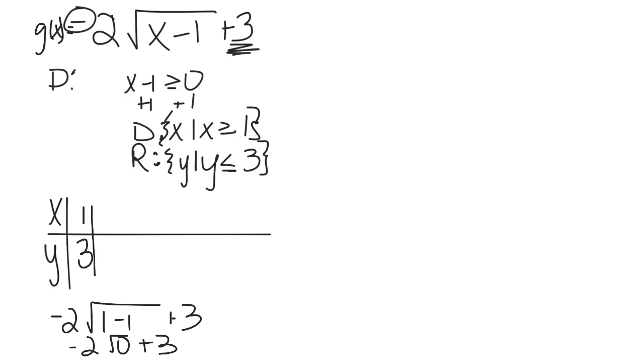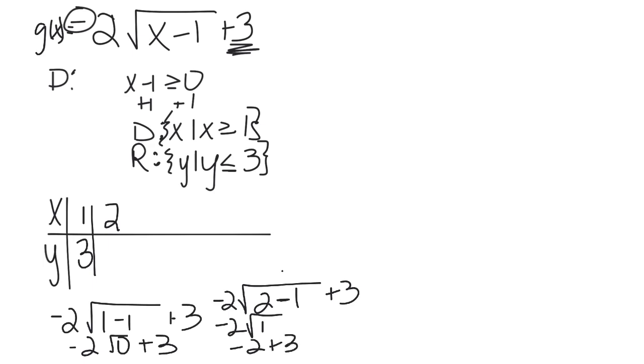Then the next number I'm going to plug in is, let's try 2. Because if I put 2 underneath there, I get 2 minus 1, which will be a perfect square. So negative 2 times the square root of 2 minus 1 plus 3. Evaluate the square root first. So negative 2 times 1, which is negative 2 plus 3 is positive 1.